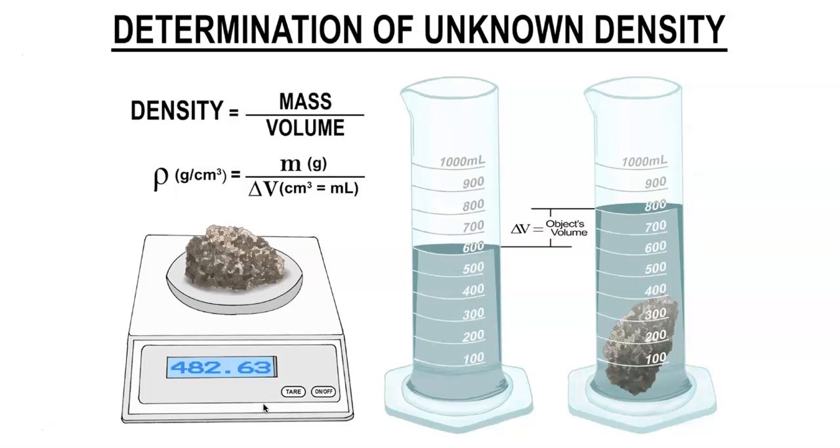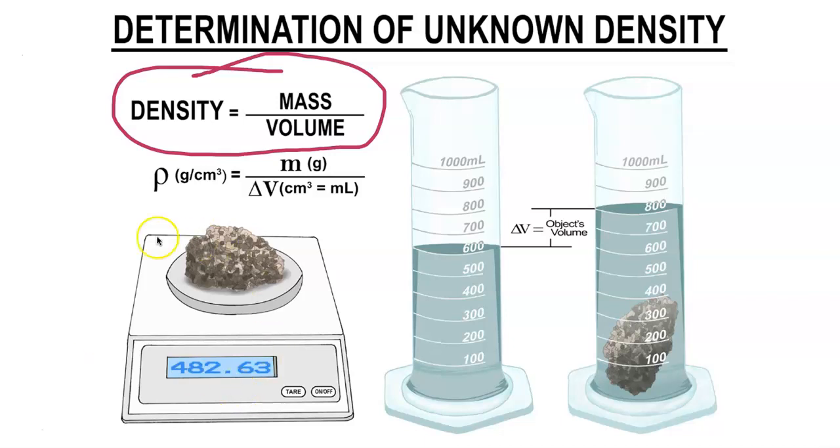The formula for density is important to know for our class because we're going to be using it for lots of different concepts. Density is figured out by dividing the mass by the volume. Now, if you have a rock sample, such as in this picture, we can determine the mass by putting it on a balance, like this, and we read off the mass in grams.